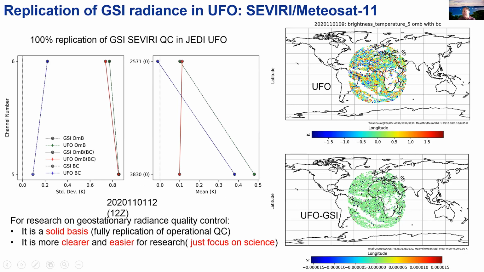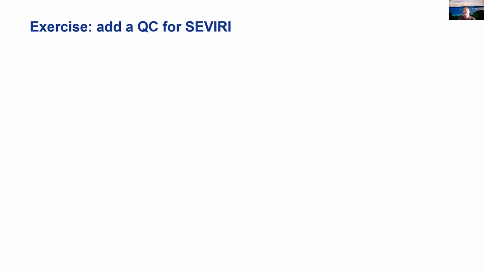And the omega departures also have very small differences, mainly due to precision or some machine dependence. So now we have a very solid basis, because we could fully replicate operational QC. Then you could work on some improvement and just focus on your sensor and your area.